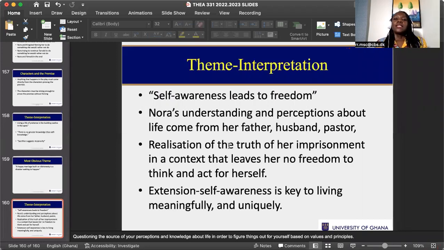But the theme that I would want to focus on in this lecture is self-awareness leads to freedom. Self-awareness leads to freedom. And this is really important. Like I always tell you, when we read plays, we try to extract something for ourselves, because plays are not just plays.